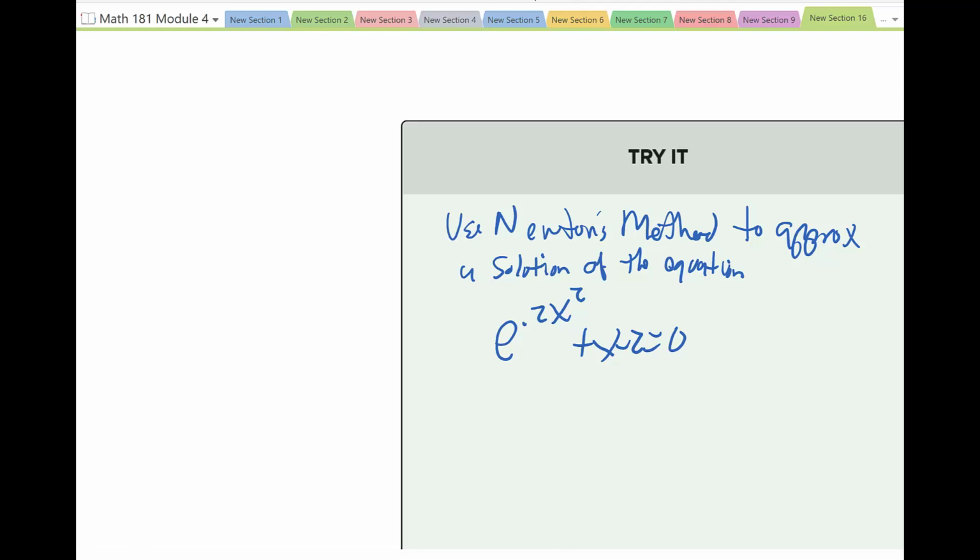So we'll say that f of x is equal to e to the 0.2x squared plus x minus 2.